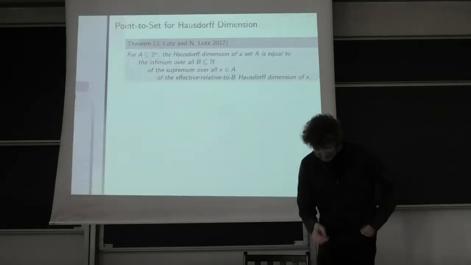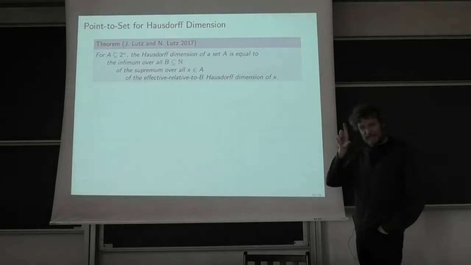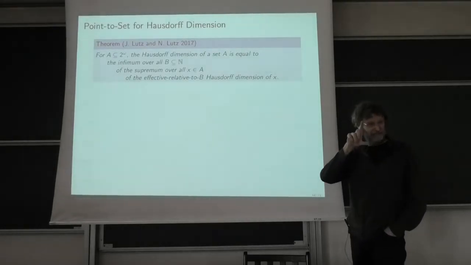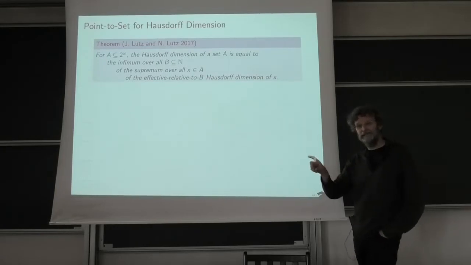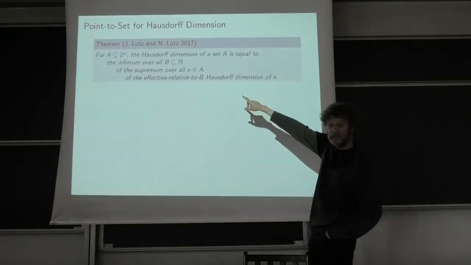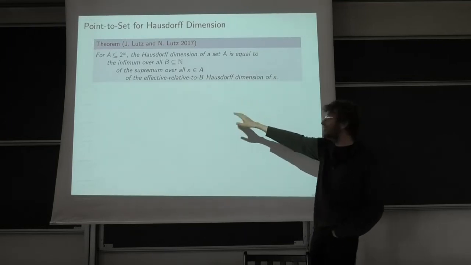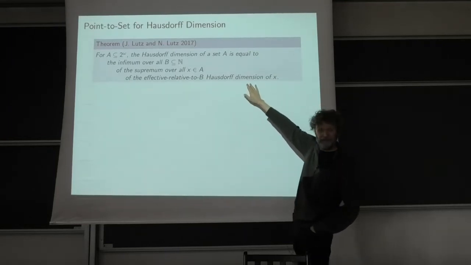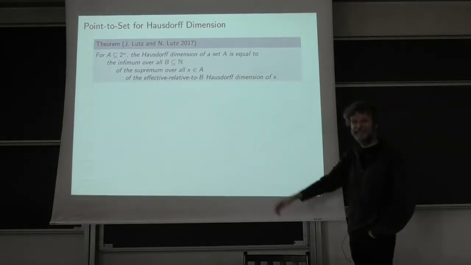The second fact is that analysis of compression and effective dimension gives you a criterion to tell what the Hausdorff dimension of an arbitrary set is. This is not an effective notion; this is the actual, classical notion of dimension.